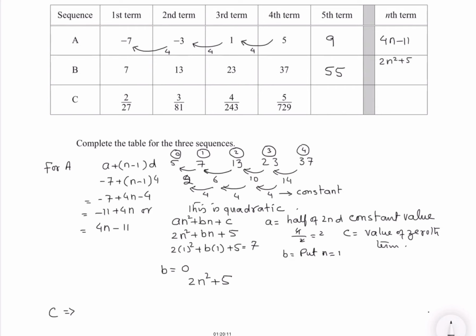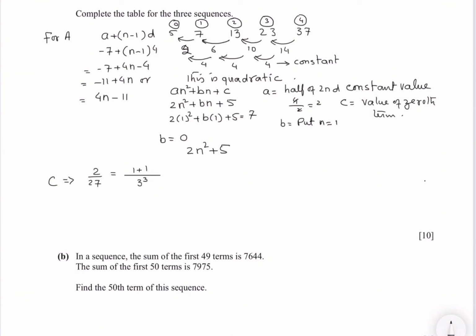So your first value is 2 over 27. So how can I bring 2? Like if I write 1 plus 1, it makes 2. And how can I bring 27? If I write 3 power 3, it makes 27. So I will keep this system for other parts.